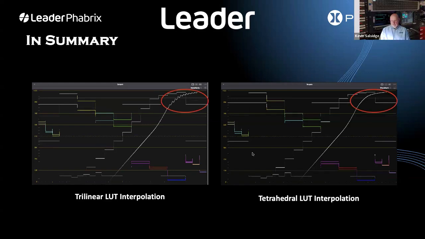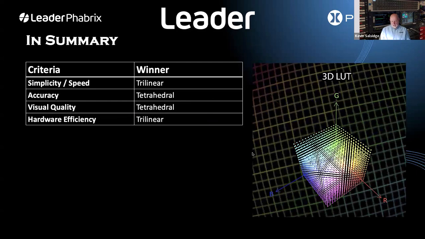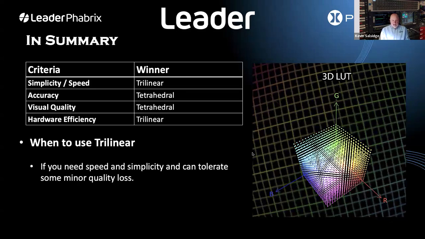As you can see, the difference is quite obvious. In summary, there are criteria where trilinear is going to win out over tetrahedral and vice versa. When to use trilinear? If you need speed and simplicity and can tolerate some minor quality losses.